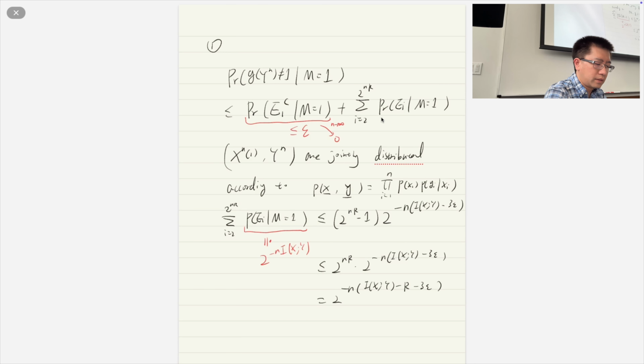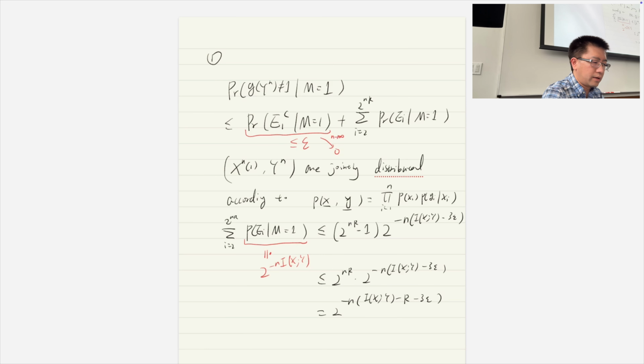Based on that, we can write the whole thing: for any epsilon bigger than 0, for sufficiently large n, the expectation of the average error probability of the codebook will be less than or equal to epsilon.